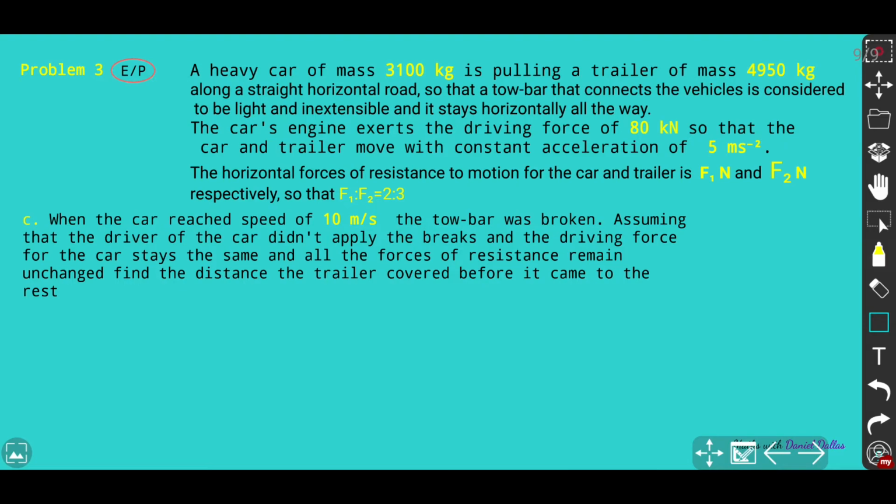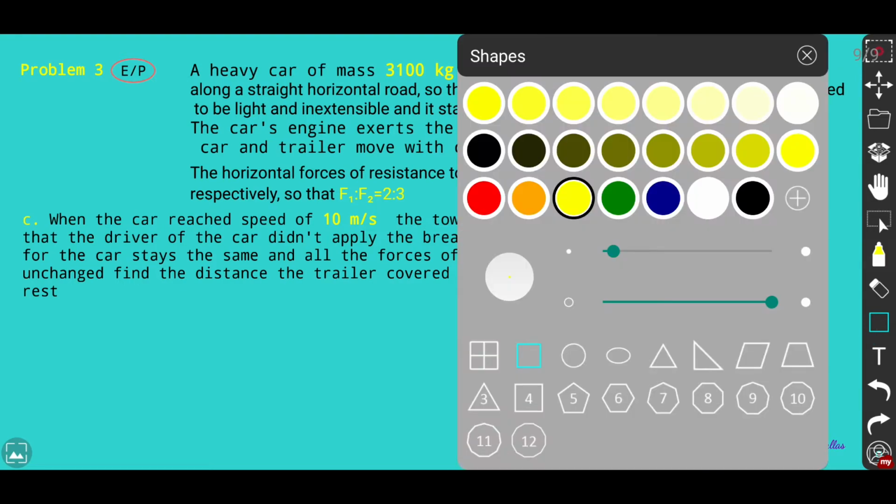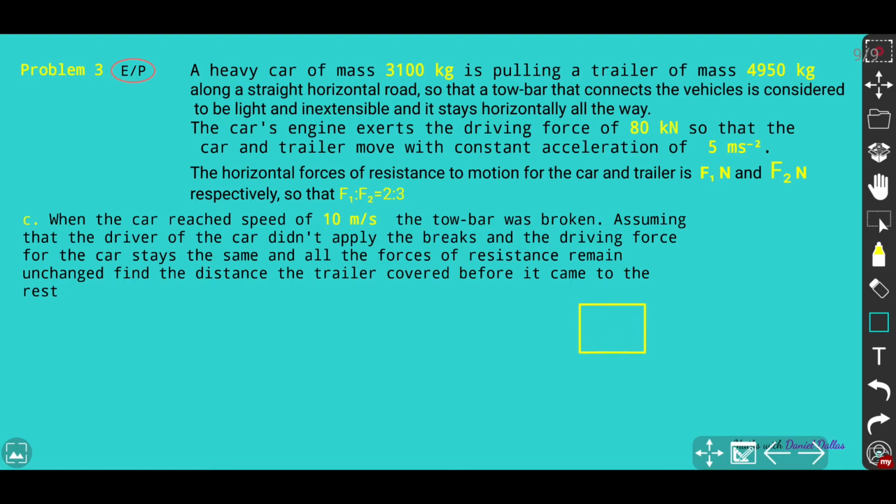What about the trailer? The picture for the trailer is going to be as the following. Right now it's all alone. Even if the tow bar is left with the trailer, it doesn't matter because it's light, meaning it's weightless, so we don't take into account its mass.